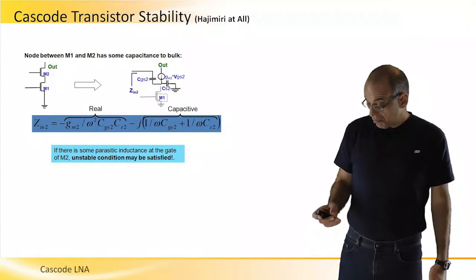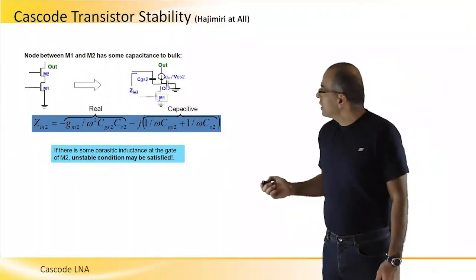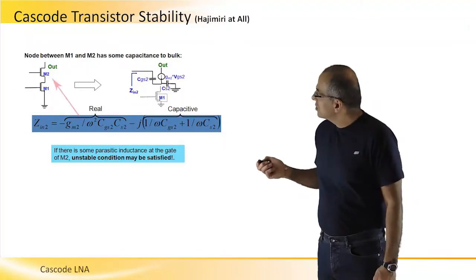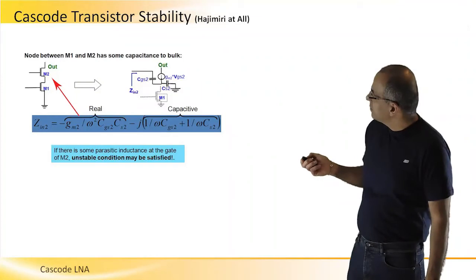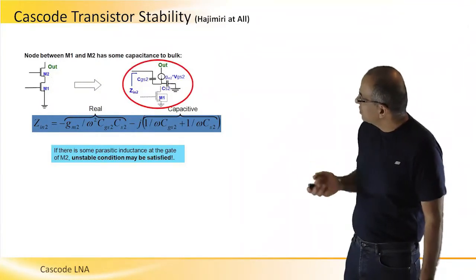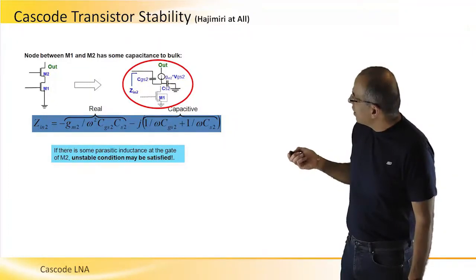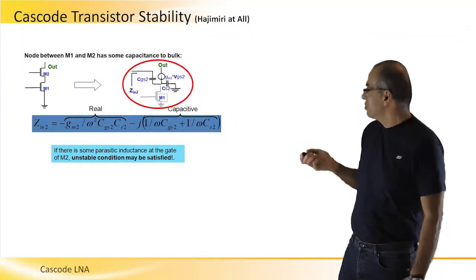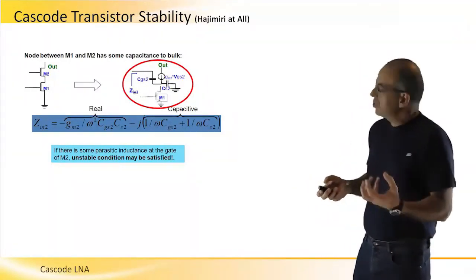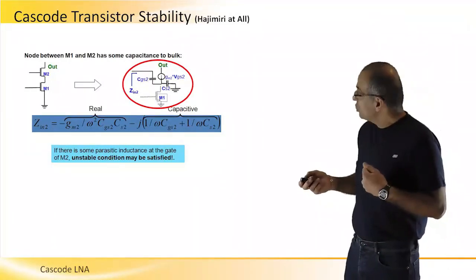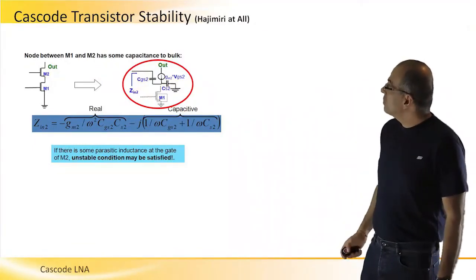And what we need to consider is that this M2, if we just look at the equivalent circuit and assume that M1 is very high impedance when we look from the output, which is an approximation definitely, but just to explain the issue, then we will get this simple model.